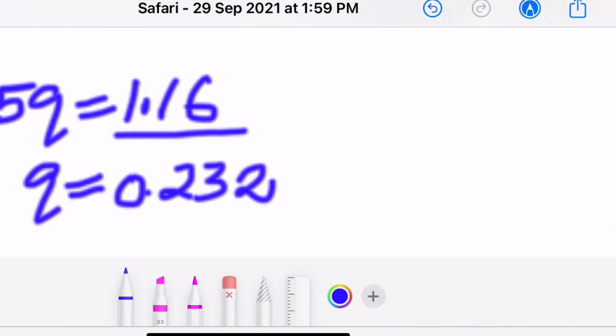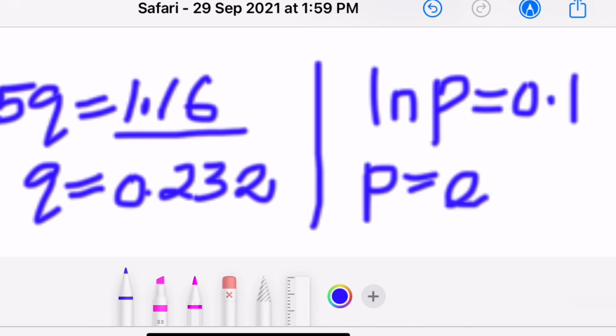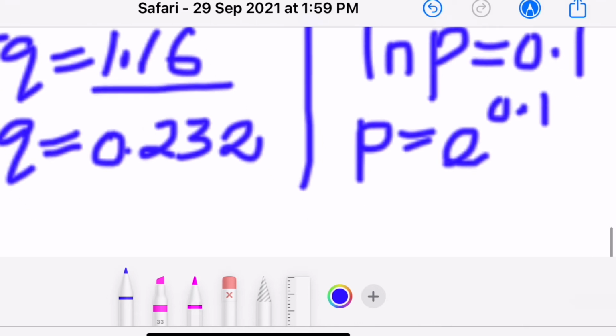After that, we want to solve the intercept, right? Ln p equal to intercept, which is 0.1. So your p is exponential 0.1. You can just write the answer. You can press your calculator, shift ln.